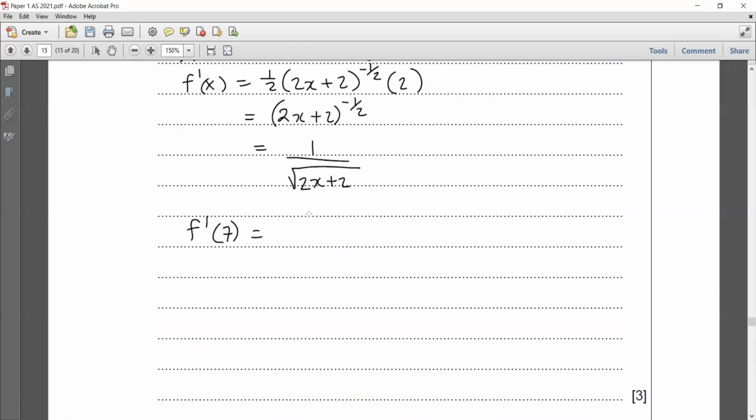We have 1 over the square root of 2 times 7 plus 2. This is 1 over the square root of 14 plus 2. This is 1 over the square root of 16, which is 1 over 4. Okay, and that is how you would answer these questions.